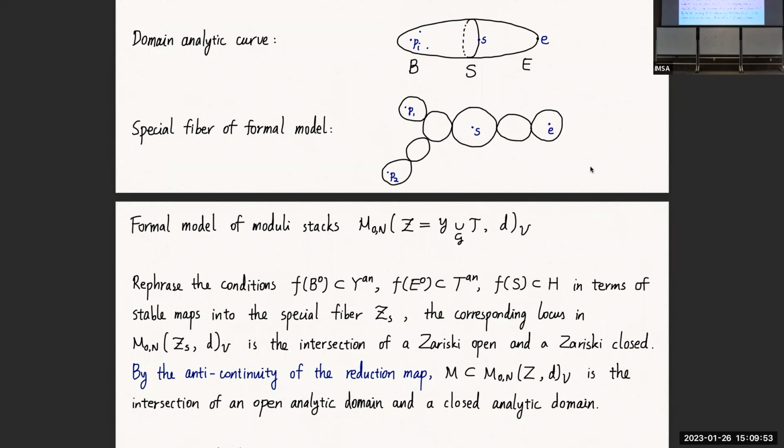And then we see that the corresponding locus in the moduli space of stable maps to the special fiber is now the intersection of a Zariski open and a Zariski closed. And finally, we use this so-called anti-continuity property of the reduction map for these formal schemes, and we deduce that the locus we are interested in is the intersection of an open analytic domain and a closed analytic domain.